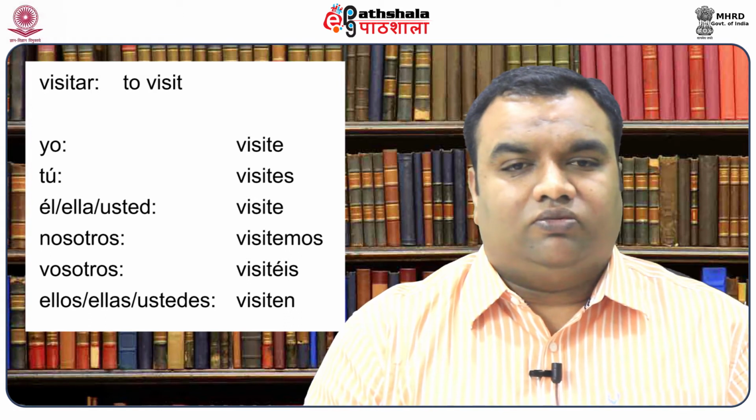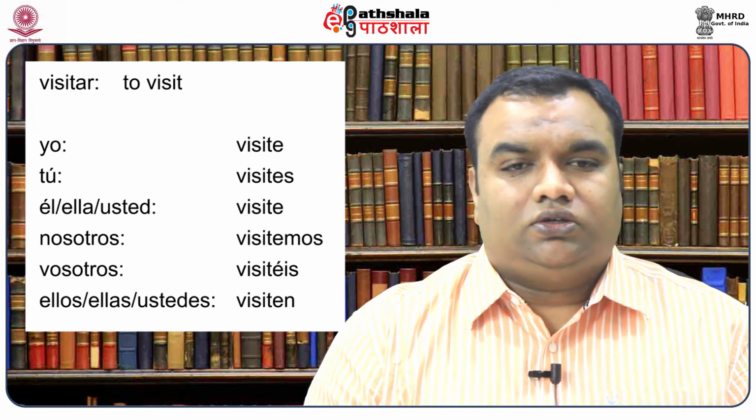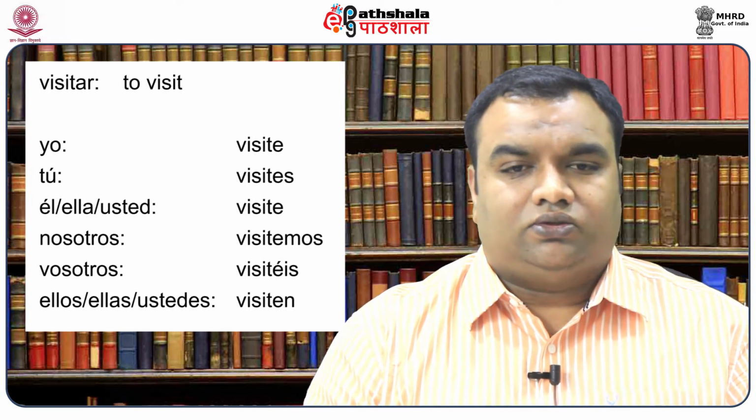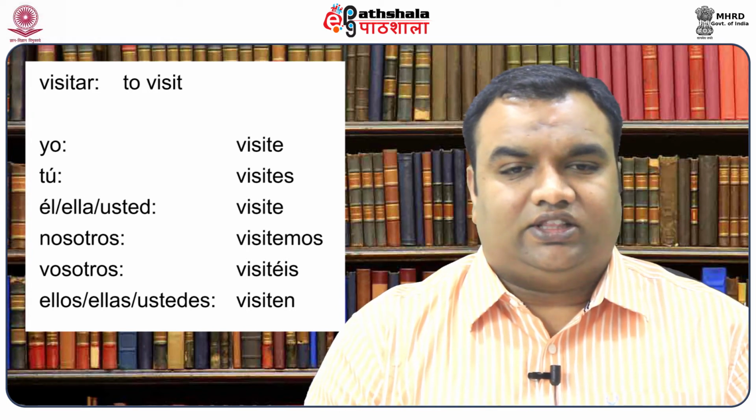So we remove the final O and add the E endings, and thus the subjunctive conjugations will be yo visite, tú visites, él, ella, usted visite, nosotros visitemos, vosotros visitéis, ellos, ellas, ustedes visiten.